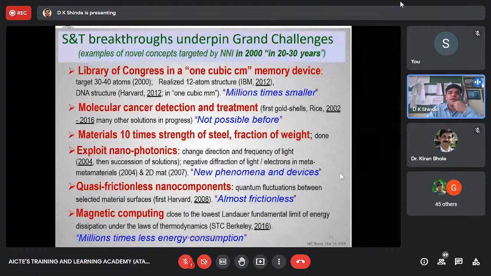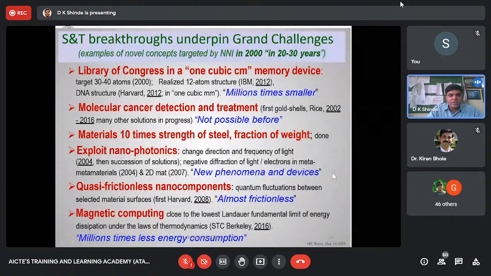A few breakthroughs underpin the grand challenges, like making things millions of times smaller than cancer treatment, which was a very tedious process to go through those therapies and all those. Now you have the drugs, you can deliver that drug and you can cure it.